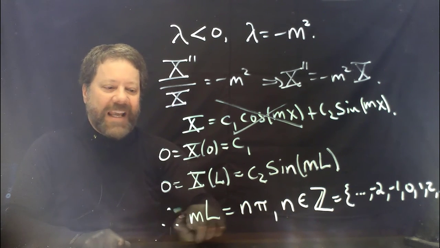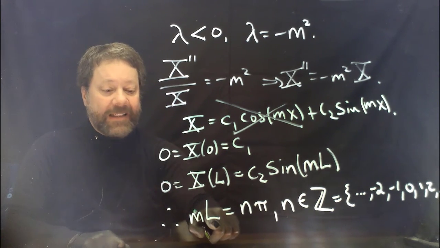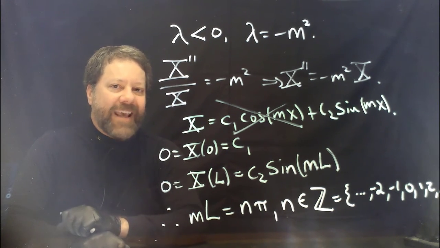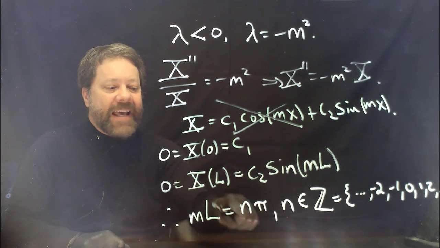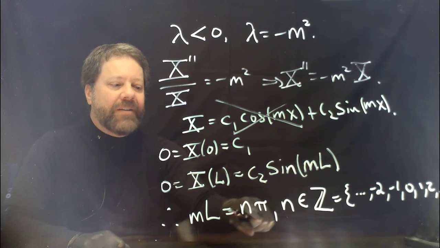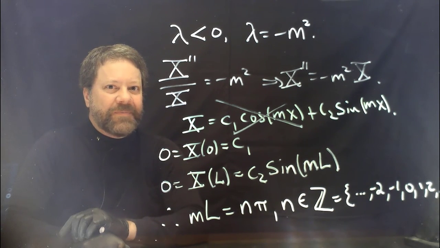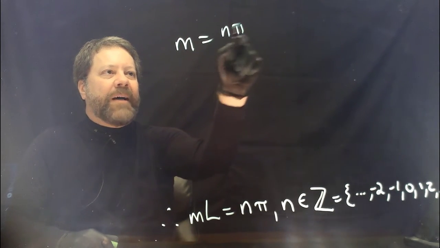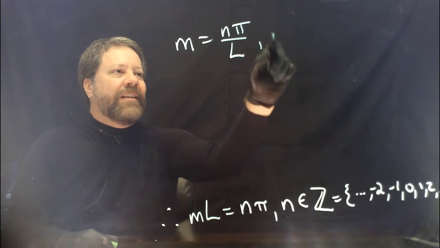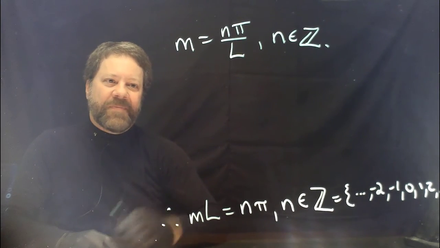You can't use anything for m. L can be whatever length you'd like, but m can't just be some arbitrary number. It has to be of the form integer times pi divided by the length of the interval. So you can see m is n pi divided by L, n an element of the set of integers.